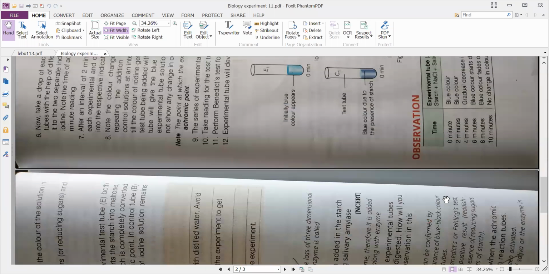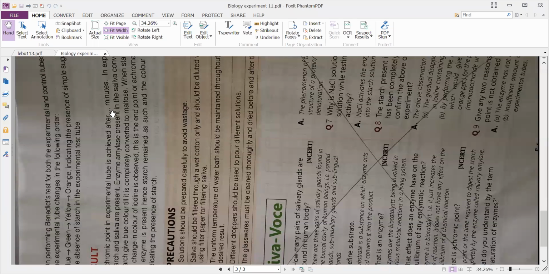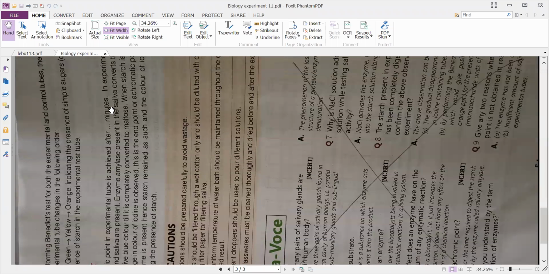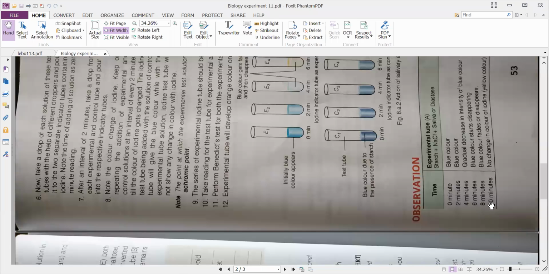After this, you'll go with the result. Result, you have to write only the first point: achromic point in experimental tube is achieved after 10 minutes. Here dots are given in between. In the place of dots, you can mention 10 minutes. Why? Because in the observation table, we'll write up to 10 minutes.